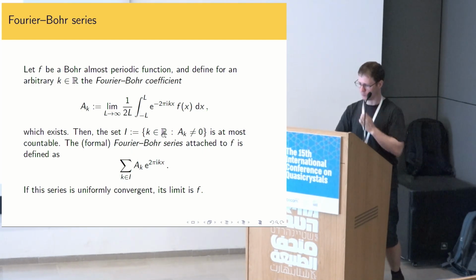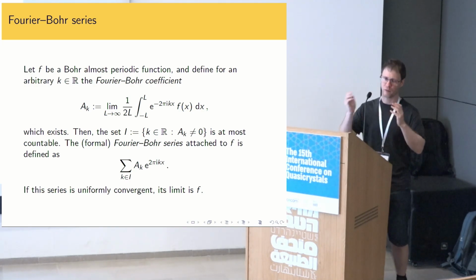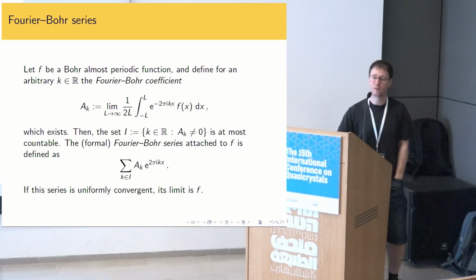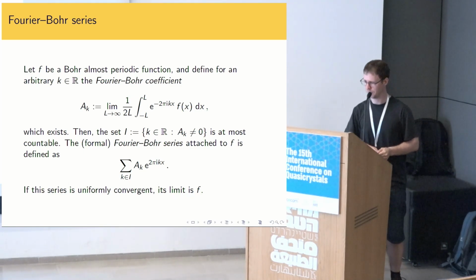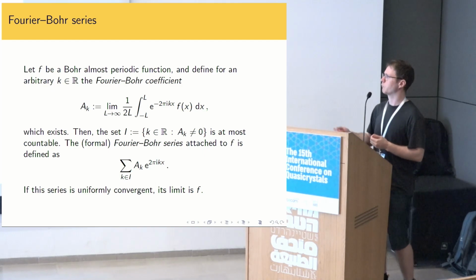Again, technically we have to think about convergence, and if it converges, is the limit truly f? But one can see if it converges uniformly, then the limit is indeed f, the function we started with. So also for those Bohr almost periodic functions, we can have Fourier-Bohr series.